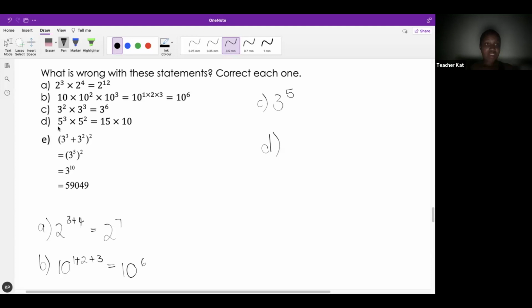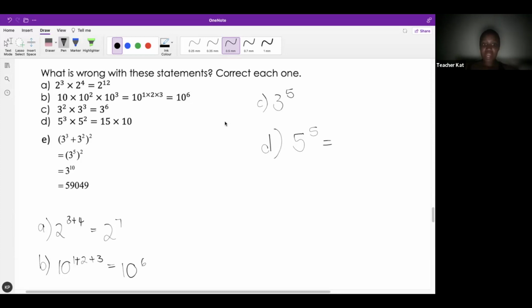So they said 5 times 3. That's 5 cubed means 5 times 3. No, it means 5 times 5 times 5. You guys agree? So what actually is the answer for number D? It's 5 to the power of 5, which is, is there anyone with a calculator?